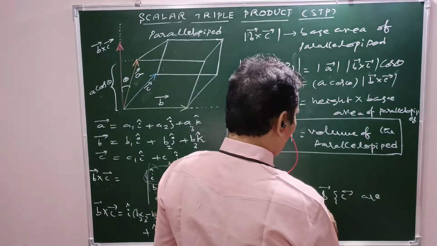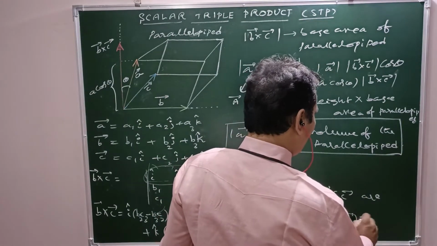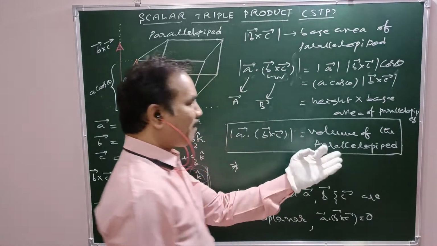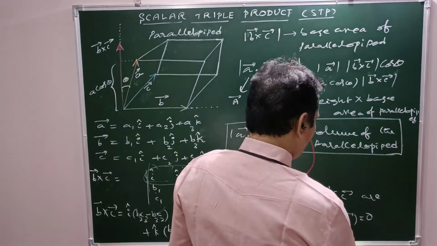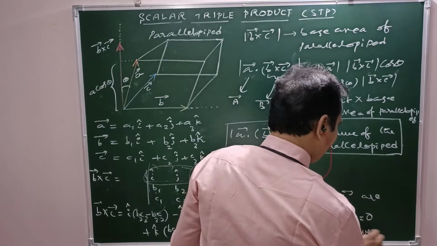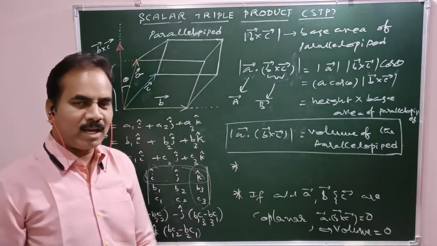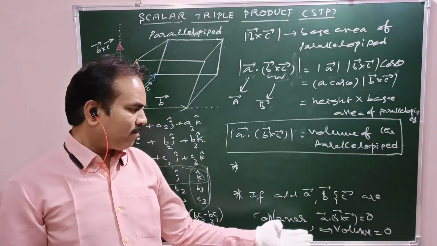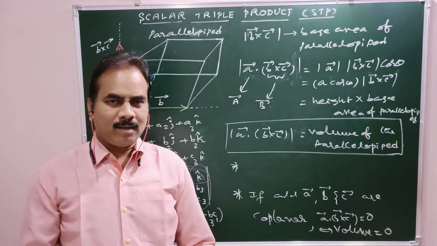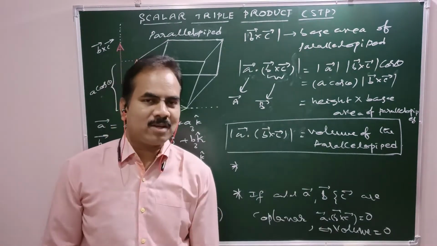That is, A bar dot B bar cross C bar equals 0. Implies volume of the parallelepiped is also 0. Okay. If you are given three coplanar vectors, and you are asked to determine the volume of the parallelepiped, then definitely volume becomes equal to 0.